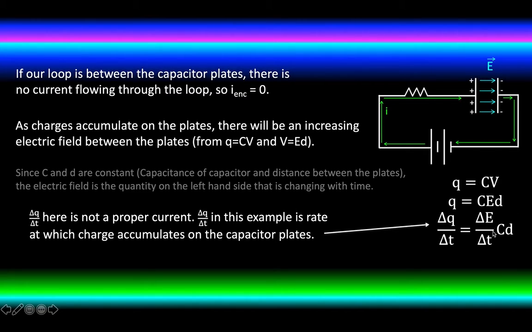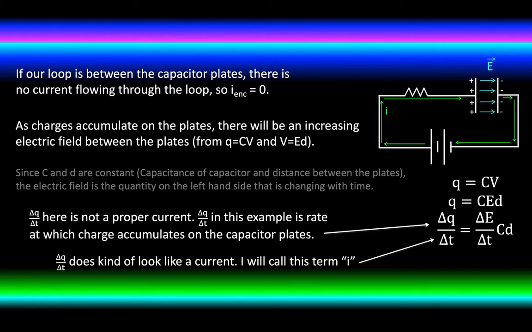That's why I don't really need to put the delta T in the denominator. I don't need to include C and D. And delta Q over delta T does kind of look like a current, so I'm going to call this term quote-unquote I. And we're going to investigate what is the nature of this quote-unquote I. So I could say quote-unquote I is equal to the capacitance times the distance between the plates times the rate at which the electric field between the plates grows.